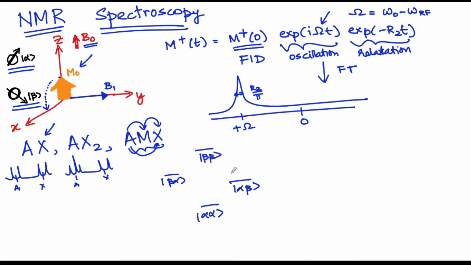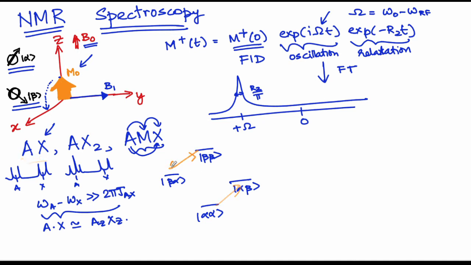For instance, in the weak coupling case, where the chemical shift difference between the A and X spins is much greater than their scalar coupling, the A dot X term gets approximated to only the AZ XZ term, without the AX XX and the AY XY terms. For the sake of simplicity, even the weak coupling limit can be imagined where you have an M naught for each of these, which results in resonances at these positions.